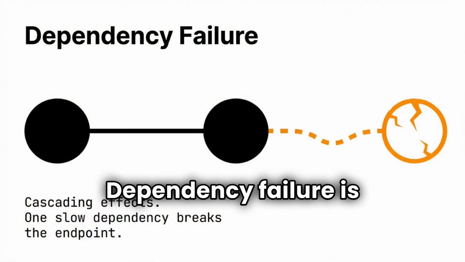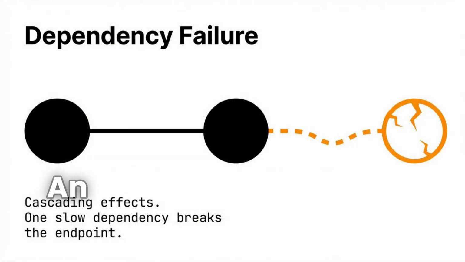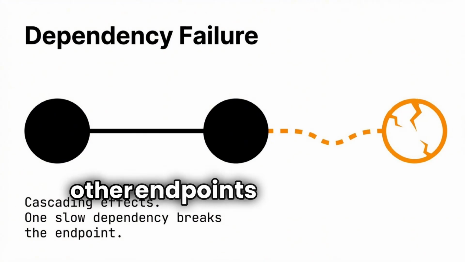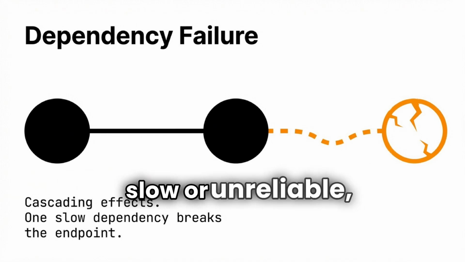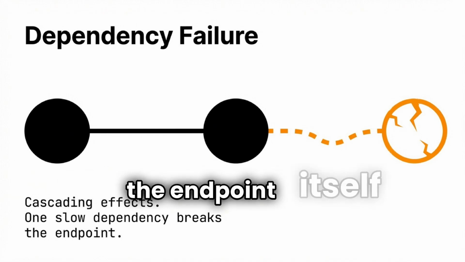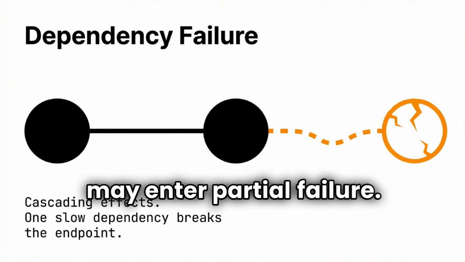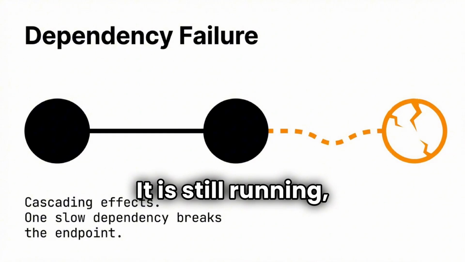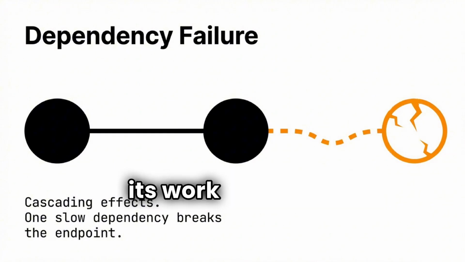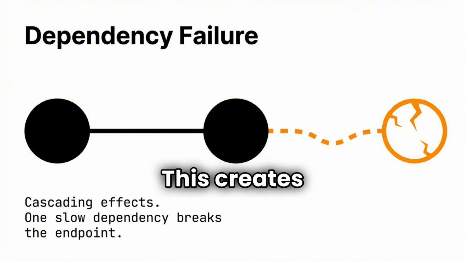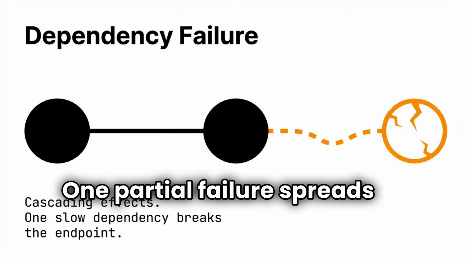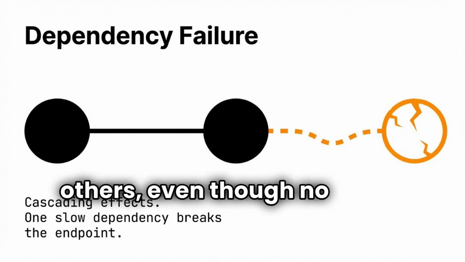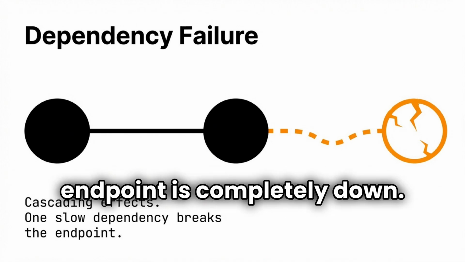Dependency failure is another major cause. An endpoint may rely on other endpoints to function. If one dependency becomes slow or unreliable, the endpoint itself may enter partial failure. It is still running, but it cannot complete its work correctly. This creates cascading effects. One partial failure spreads to others, even though no single endpoint is completely down.